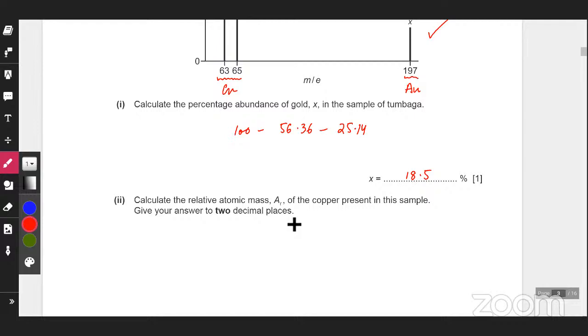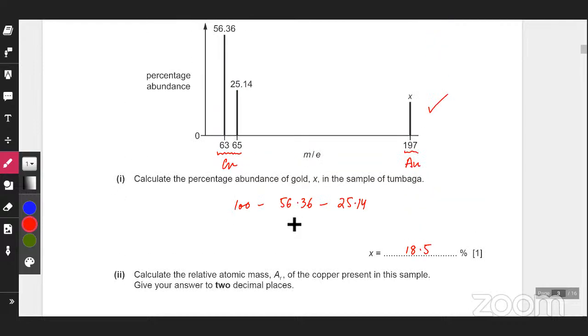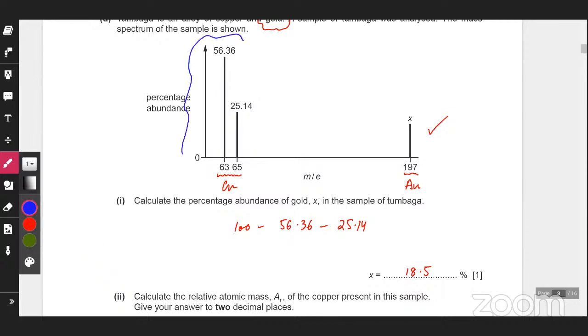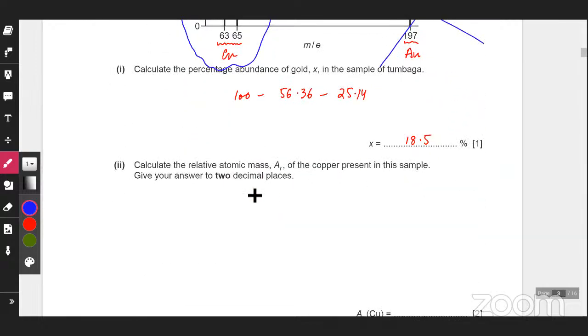Give your answers to two decimal places. Now remember, you're being asked to calculate the relative atomic mass, which is the average mass of all the isotopes. So only this part. You have to get rid of the gold. He's not talking about gold, he's talking about the relative atomic mass of copper. So how do you calculate the average?